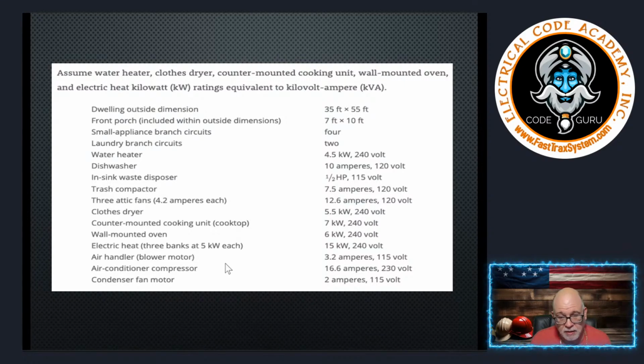When the heat is running, the air handler works. So that's not going to be a non-coincident load. Whereas typically when the electric heat, central heating is going, the thermostatic control will isolate out the air conditioning, so it won't run, and vice versa. So those would be the non-coincident load type of scenario.